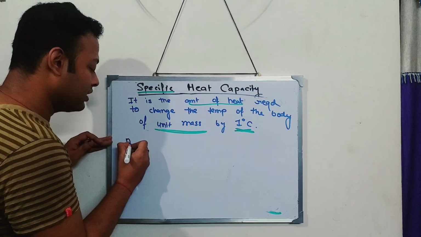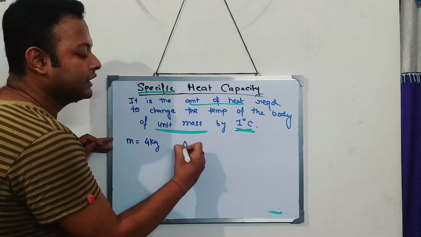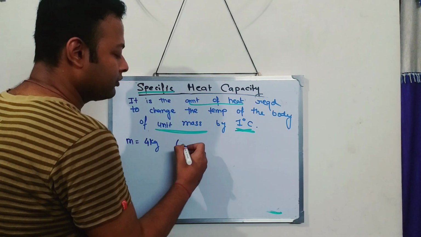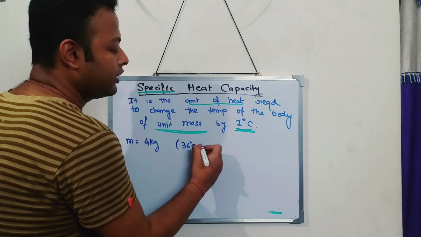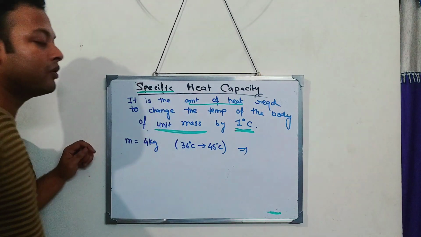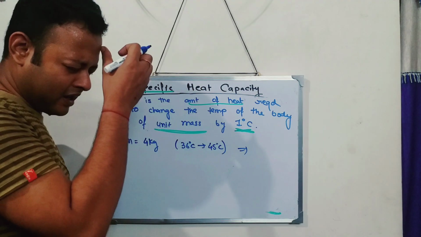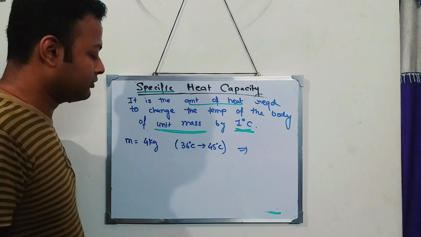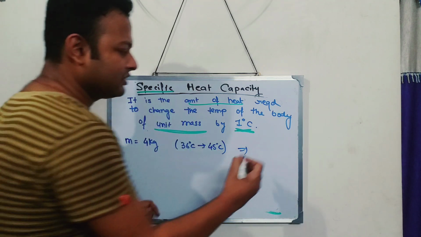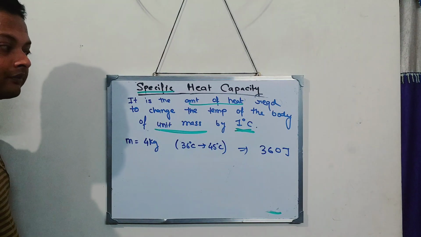Say a body of mass, let's take 4 kg this time, goes from the temperature of 36 degrees centigrade to 45 degrees centigrade, and the amount of heat required for the body to go from this temperature to this temperature, let's take it as 360 joule.